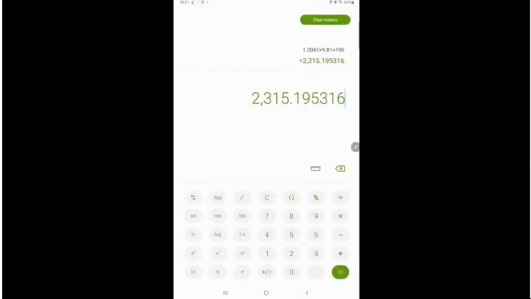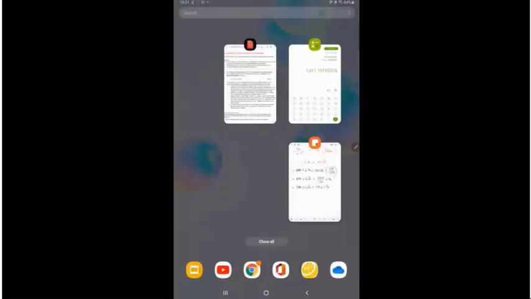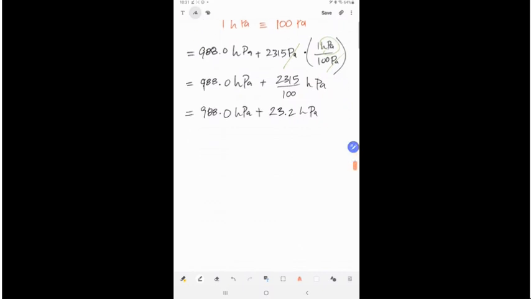We can just use our calculation from before, divide it by 100. We get again our 23, basically 2 when rounded. Add that to 988, and we get 1011.2. So go ahead and write that in here: 1011.2 hectopascals.